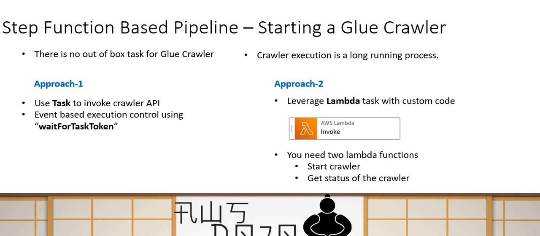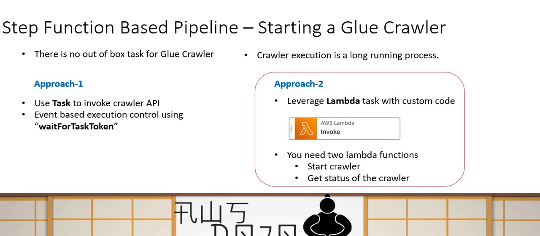So today I'm going to take approach number 2. Though I personally like approach number 1, if I talk about approach number 1, I need to spend some time talking about the wait for task token method. So I'm thinking to use some other tutorial to talk about this particular approach, and I will talk in a more generic way at that time, not just in the context of a Glue crawler. But keep approach one in mind, guys.